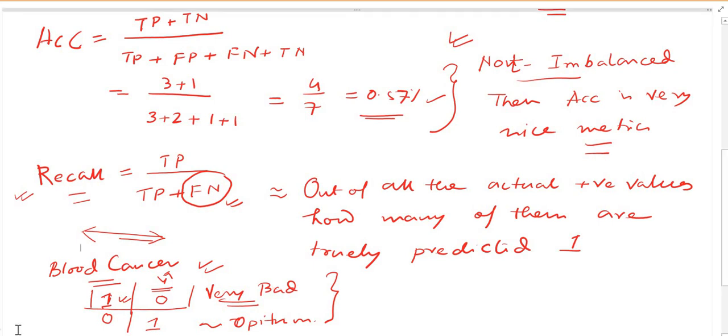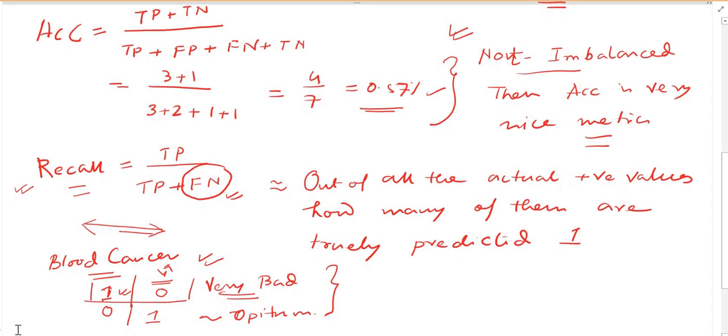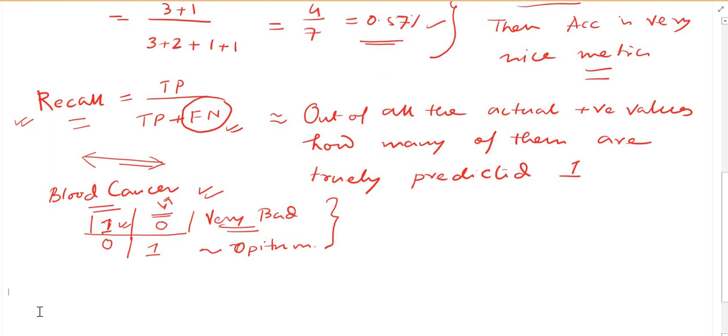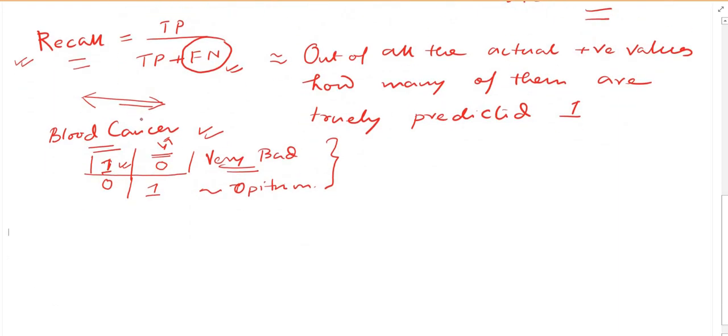Okay. Now coming to another important metric, that is called precision. I think in my lab work I will show you more, but there is one more. This is called precision. Okay. Now the precision formula is TP, true positive, by true positive plus false positive. So this is again very important.